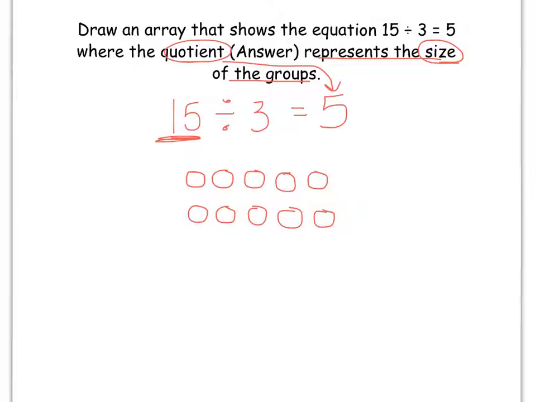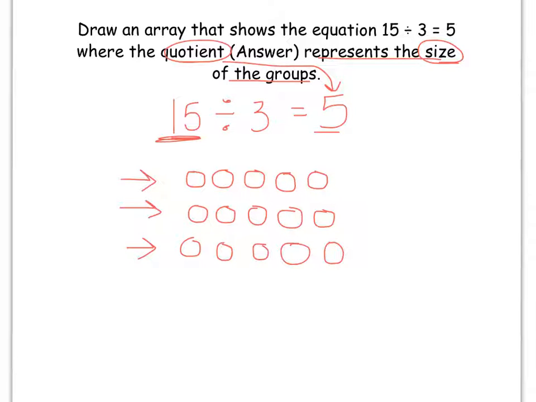There's another group. 11, 12, 13, 14, 15. This array matches the division problem 15 divided by 3 equals 5 because my 5 represents the size of the groups. I have 3 groups, 1, 2, 3, and I have 5 counters in each group.